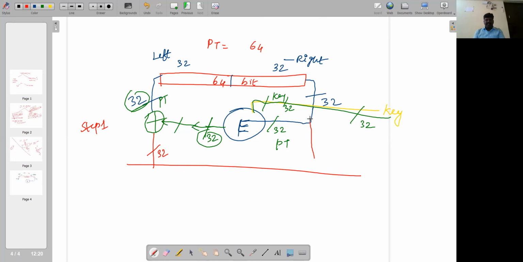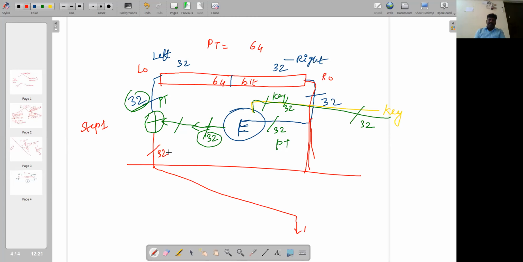Now, once this is over, the left half of the data, which is unprocessed data, will come here again as an input. After that, they will do the swap. The left half of the data will become the right half of the data. So let's assume this is the R0 step, L0 step.